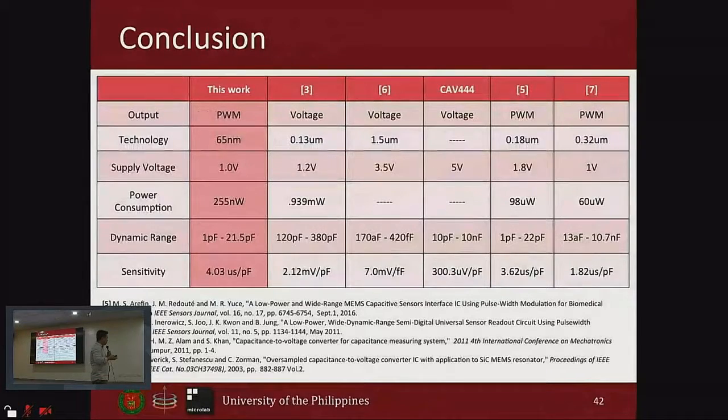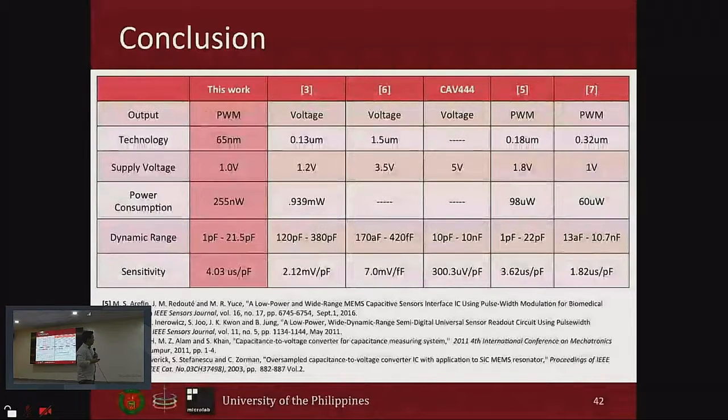In terms of dynamic range, it's comparable in terms of the range. This is close to 20 as opposed to the others, with a sensitivity of 4 microseconds per picofarad.